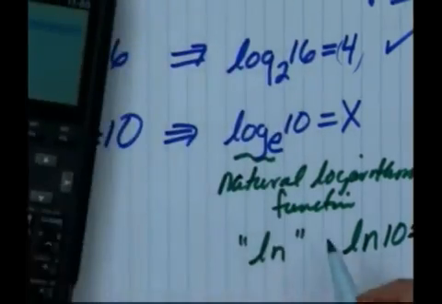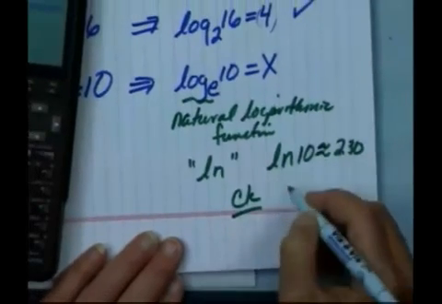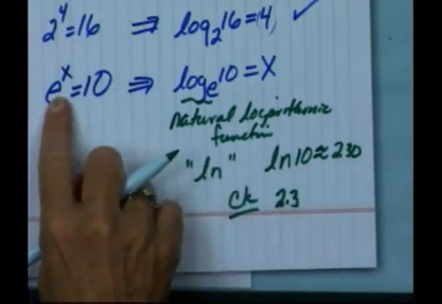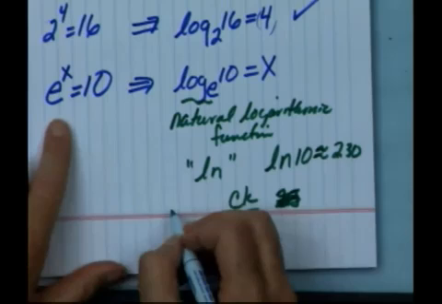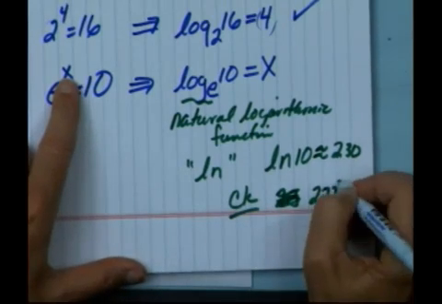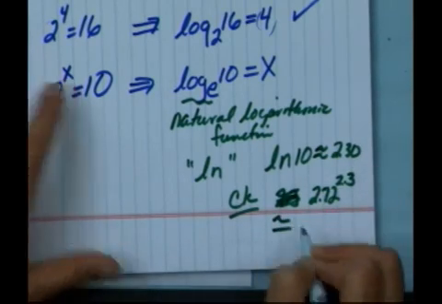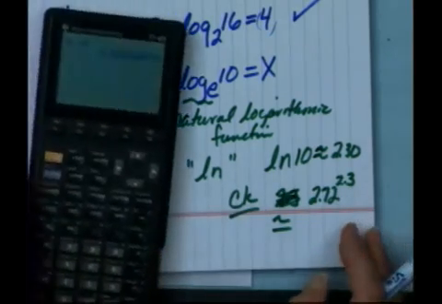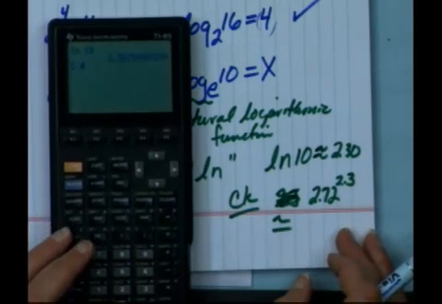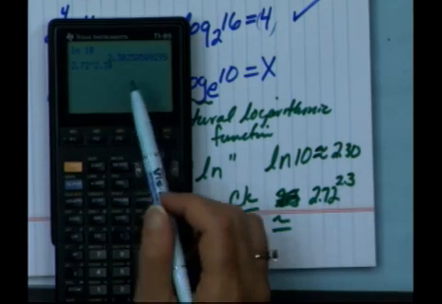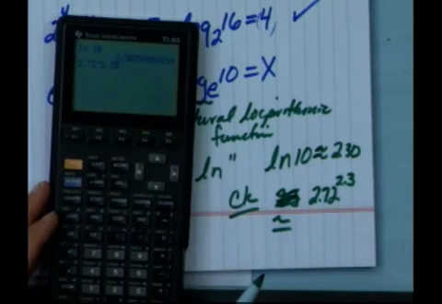All right, just as our little check, let's check out e, which is about 2.72, and let's raise it to the 2.3 power. So I'm just substituting back into e to the x equal to 10 as my little check. 2.72 raised to the 2.3, and as you know, everything has been rounded here, so we're not going to be exactly equal to 10, but it should be pretty close.